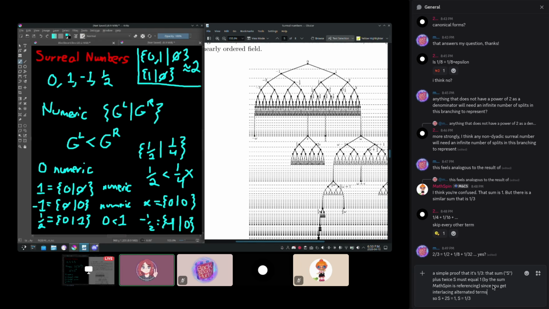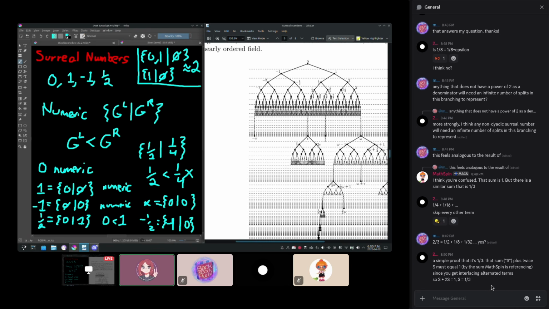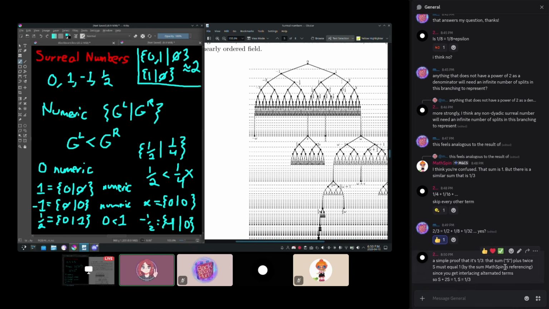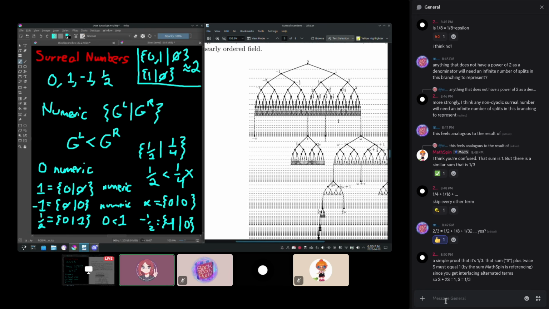Conversely, any fraction that has a power of 2 as a denominator is going to be found somewhere in the first finitely many layers. So again, I'm not gonna go over any proofs here, but that's something that you can in fact prove.